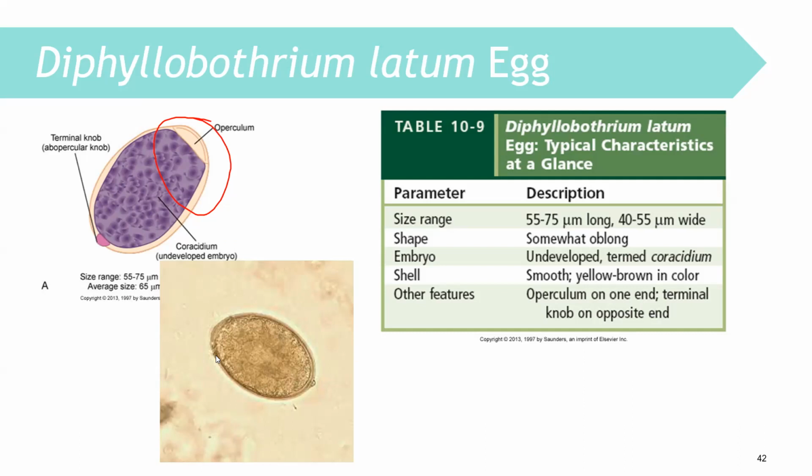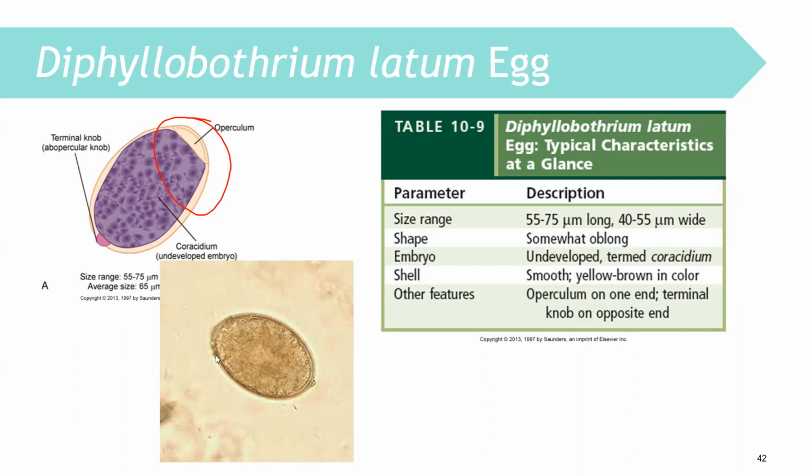Usually, parasites with an operculum are trematodes, the operculated ones. But Diphyllobothrium latum is a cestode with an operculum. And this is the only parasite that requires two intermediate hosts: the copepods and the freshwater fish.